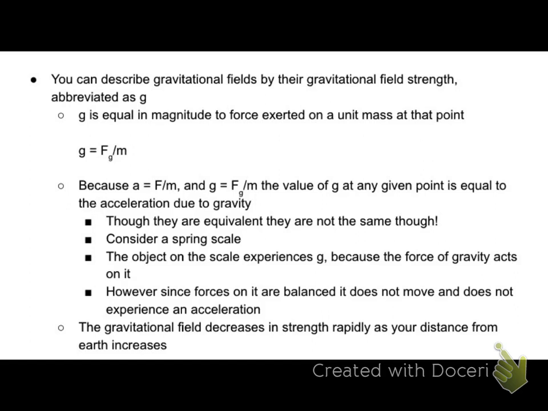Because acceleration is equal to force divided by mass, and G is equal to the force of gravity divided by mass, at any point, the value of G is equal to the acceleration due to gravity, which is why your brain was like, G, yes, acceleration due to gravity. We've had that before, right? Well, yes, but we're thinking about it in a different way now.